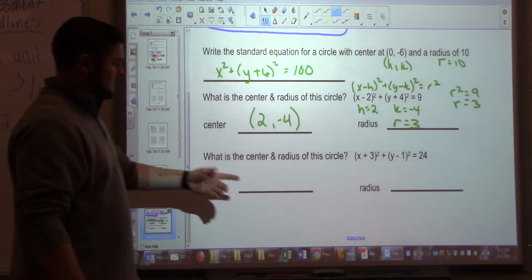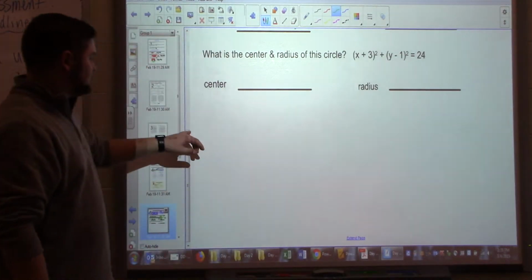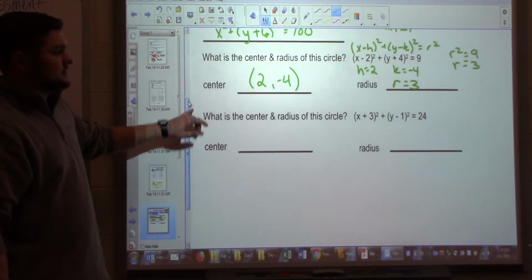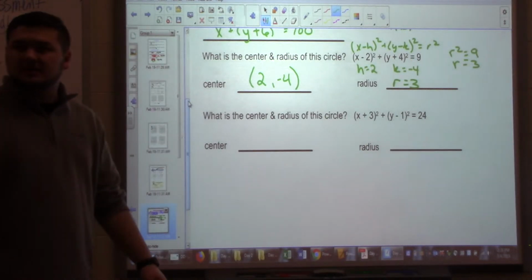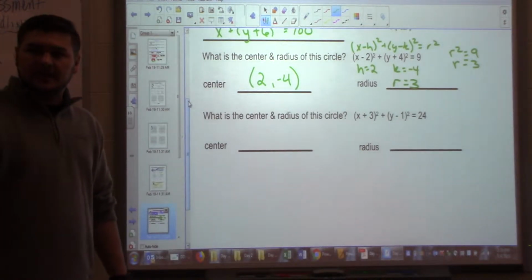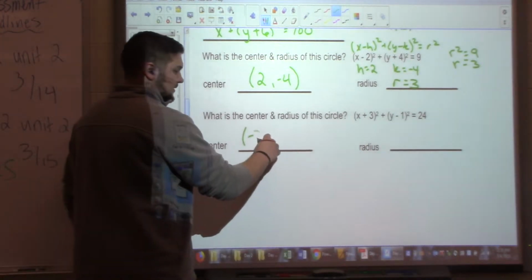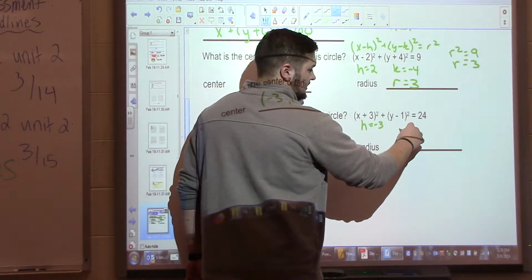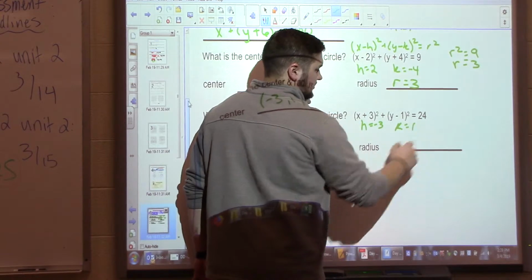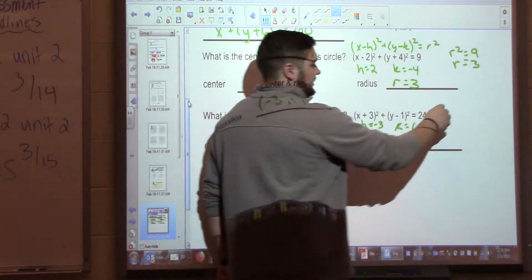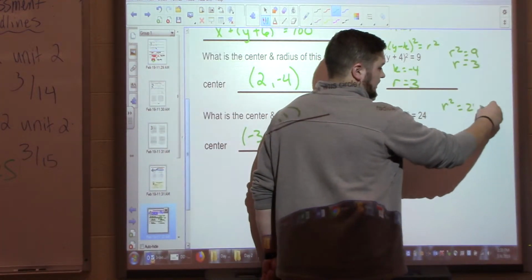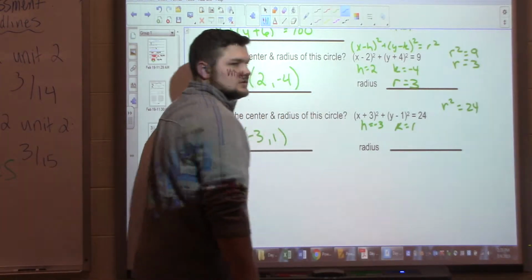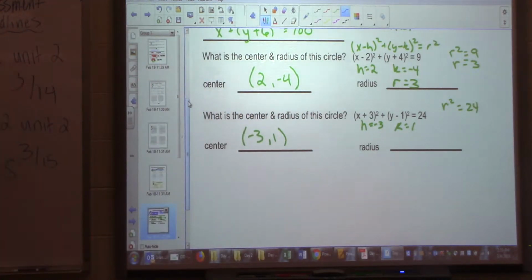My next one, I have (x plus 3) squared plus (y minus 1) squared equals 24. What's my center going to be? Negative 3, 1. H equals negative 3, k equals 1. Well, my radius squared is 24. So to find my radius, I do what? Simplified radical form.